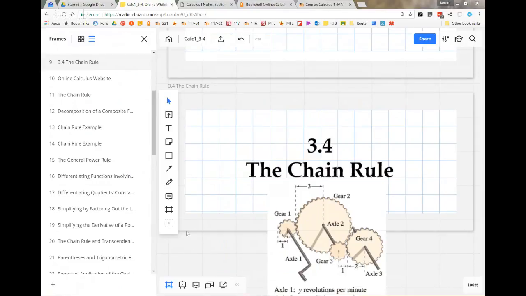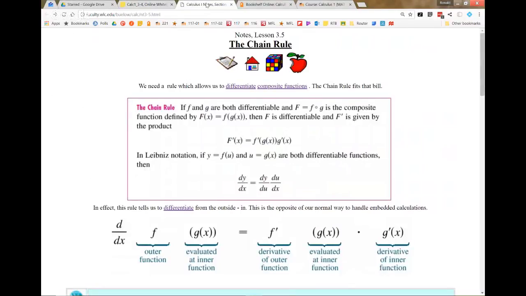And then one more time, a good illustration is on the alternate web page. When you look at the bottom of the picture here, it shows, I think really well, this composite function, and g of x is embedded inside of f of x.